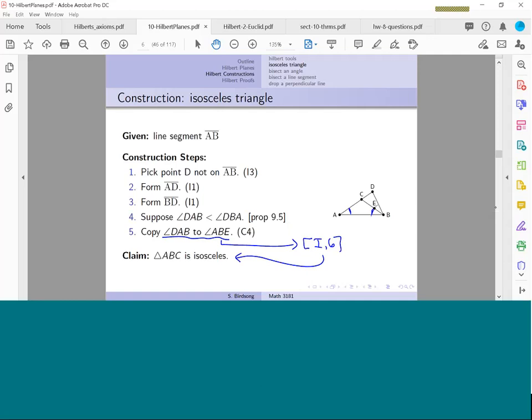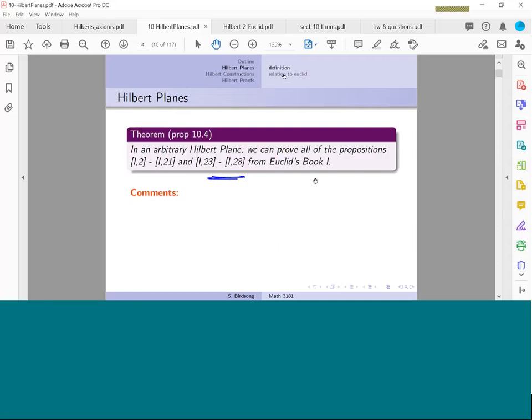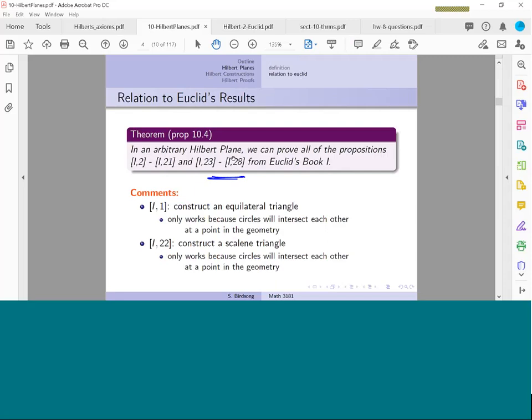Now, remember what we said just a second ago. If we jump back to this thing about Hilbert planes, if you're in a Hilbert plane, we automatically have the propositions from book 1, propositions 2 through 21, and 23 through 28. Does that include our proposition 6 from book 1?